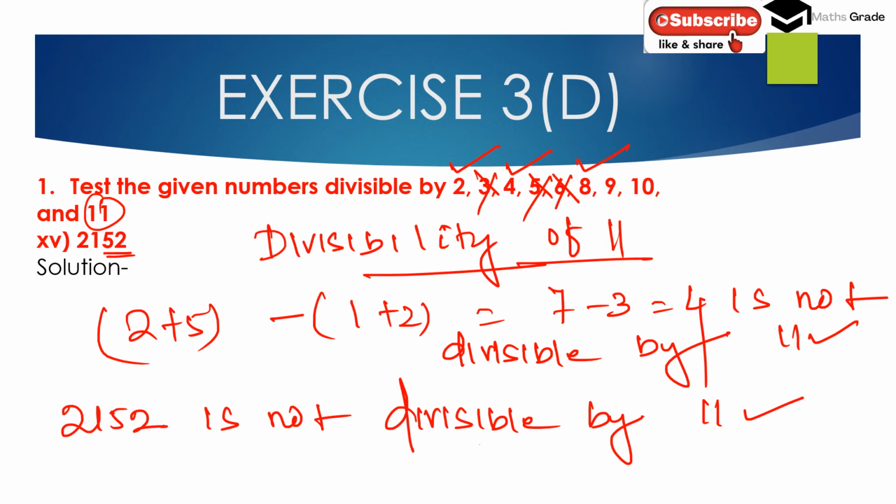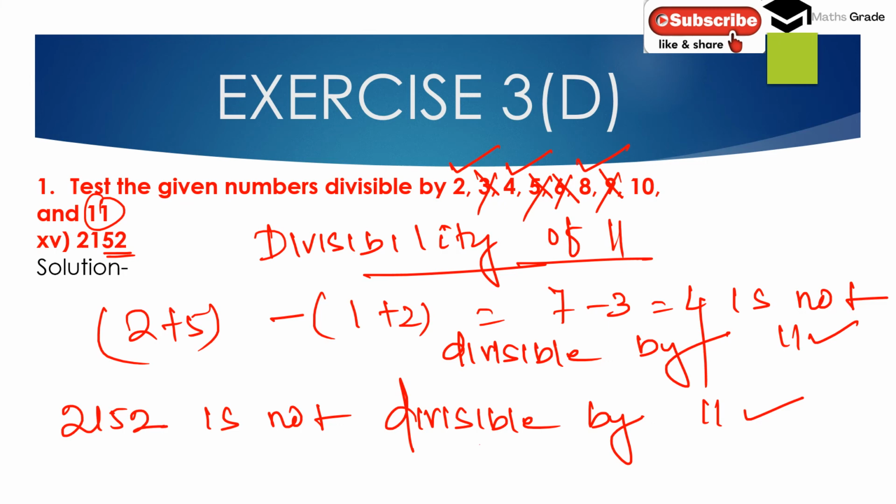Now we'll check whether the number is divisible by 9 or not. The sum of the digits is 10. 10 is not divisible by 9. So this number 2152 is not divisible by 9. And this number is divisible by 2 because the last digit is 2, but it is not divisible by 5 because the last digit is not 0 or 5.